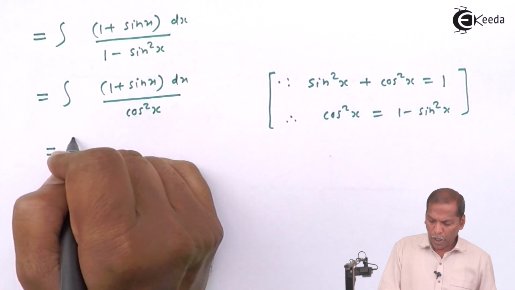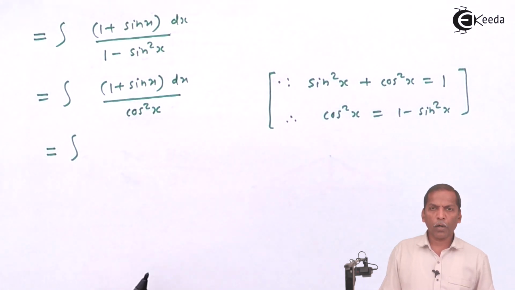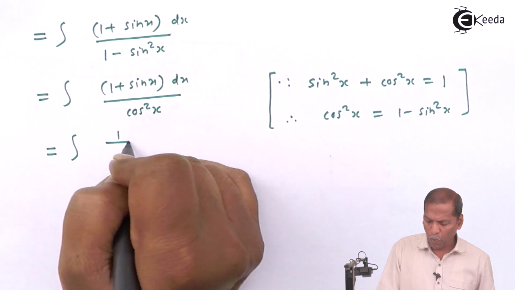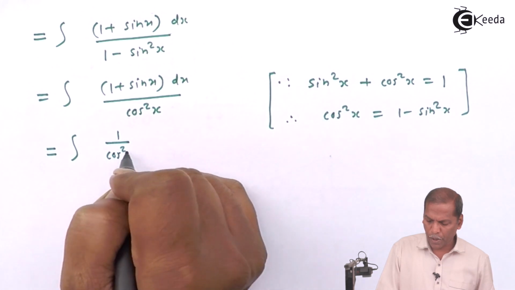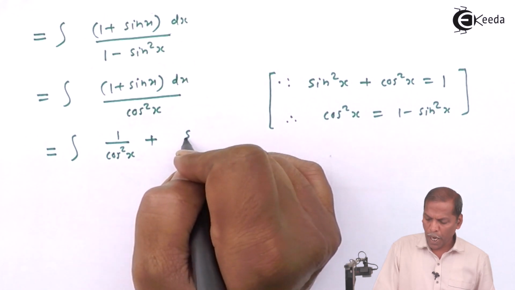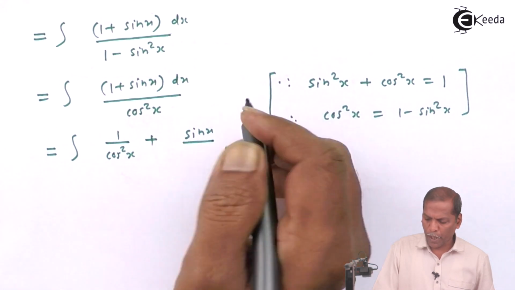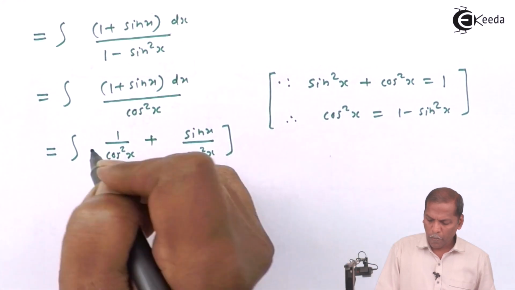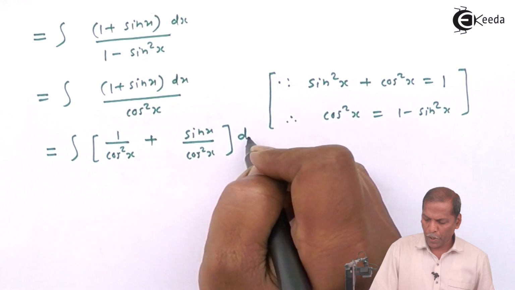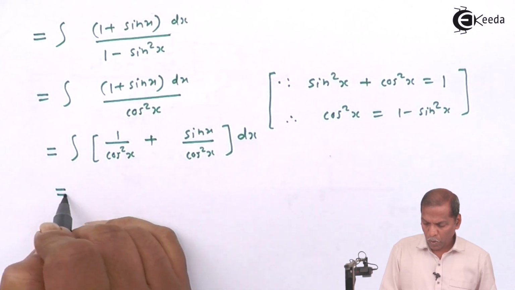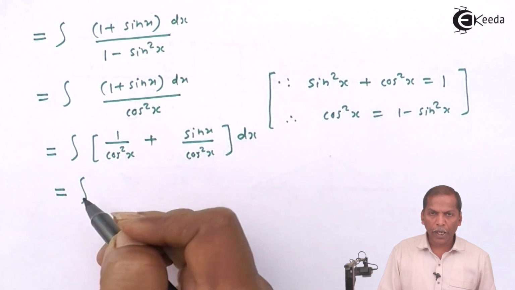This is equal to the integral. Now here we go for separate division, that is 1 upon cos square x plus sin x upon cos square x, bracket complete, into dx. So that is equal to the integral.